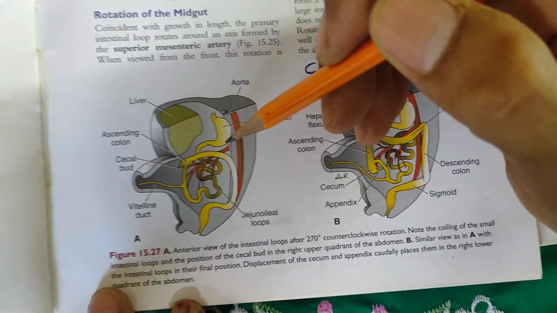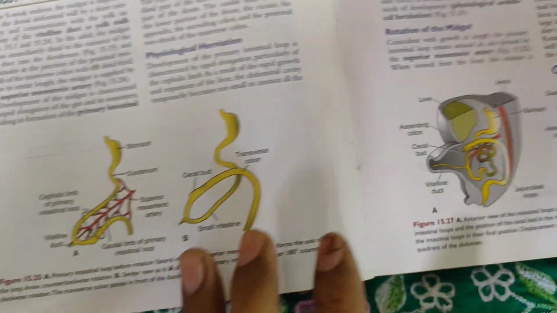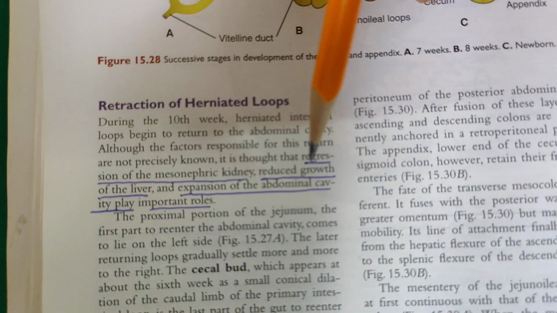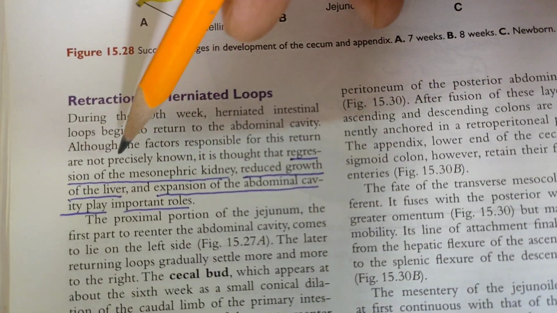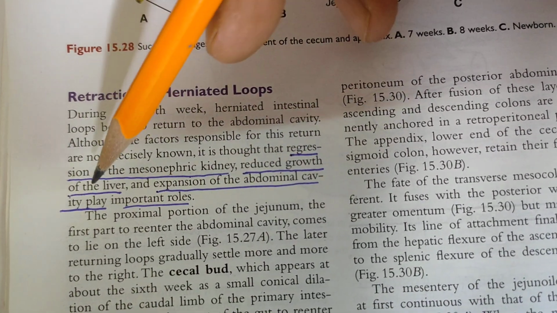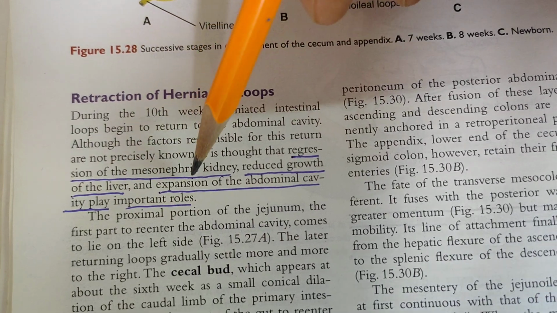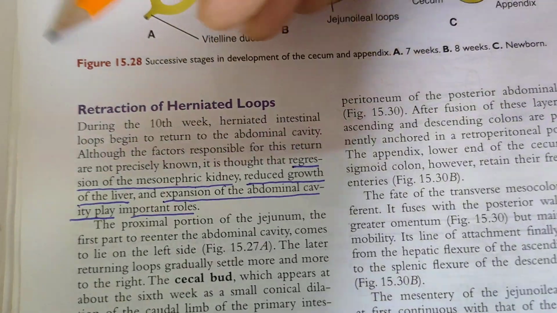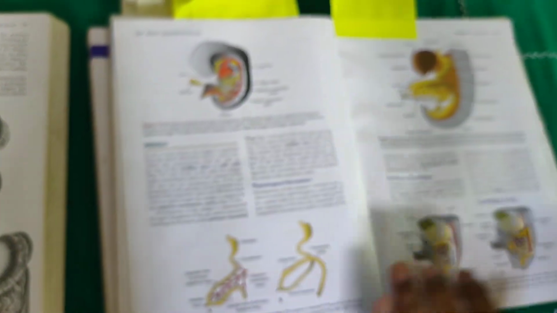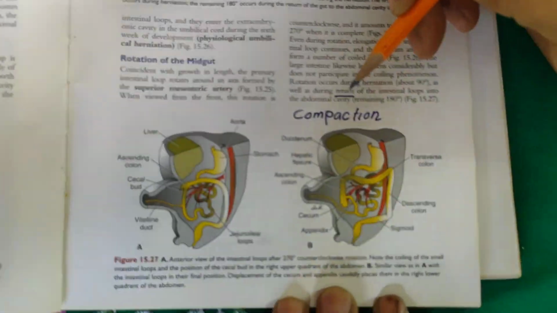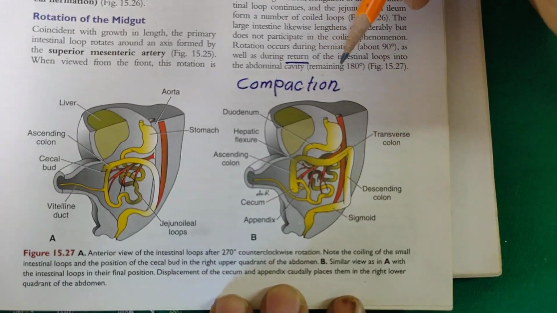Please focus on it. Then, due to regression of the mesonephric kidney, reduced growth of the liver, and expansion of the abdominal cavity, the loop will retract, or there will be a return of this midgut loop within the abdominal cavity.